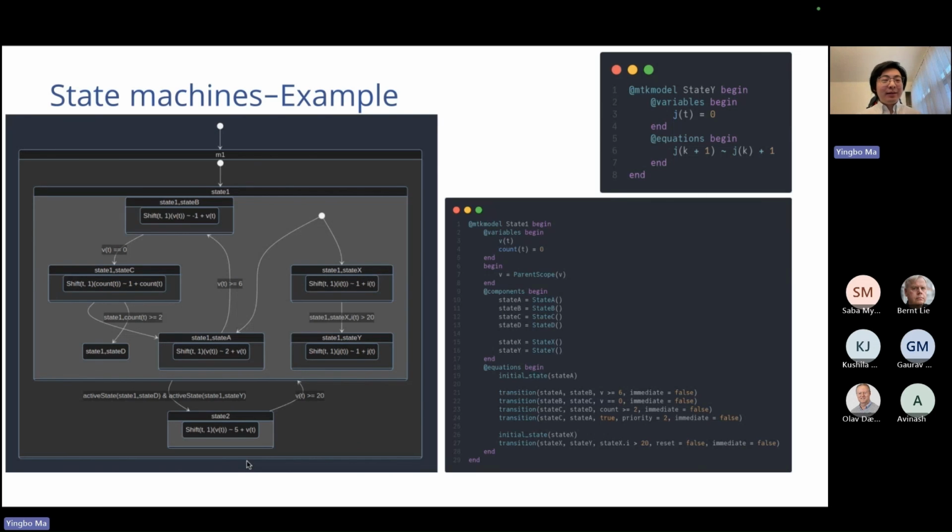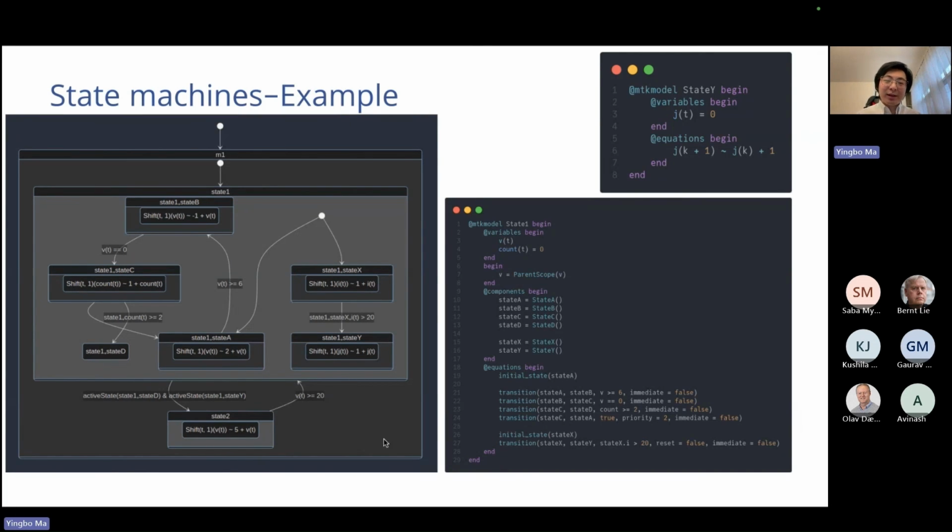And another type of system that we are implementing in JuliaSim compiler is state machines. They have basically the same semantics as the state machines in Modelica.